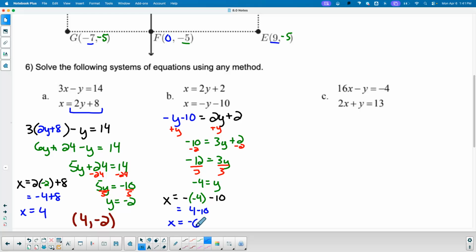Negative of -4 is +4 minus 10 is -6. So I get there -6, comma, -4.